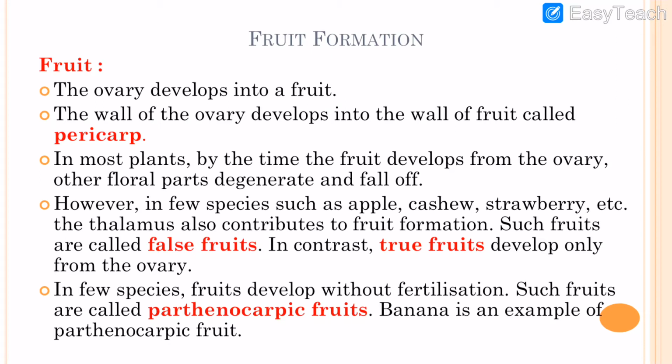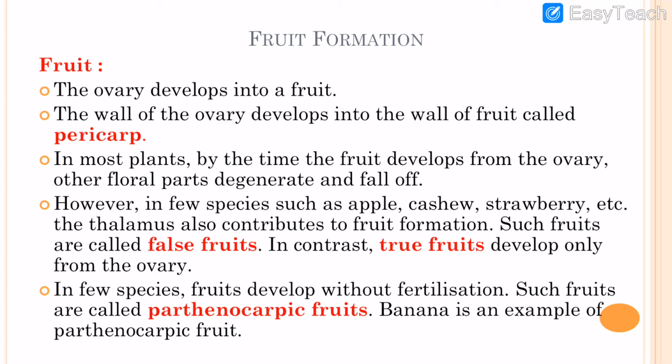Dear students, we can also give an example of some true fruits. For example, mango. Mango is a true fruit. Dear students, there is another term, parthenocarpic fruits. Sometimes fruits develop without fertilization. In a few species, fruit develops without fertilization.